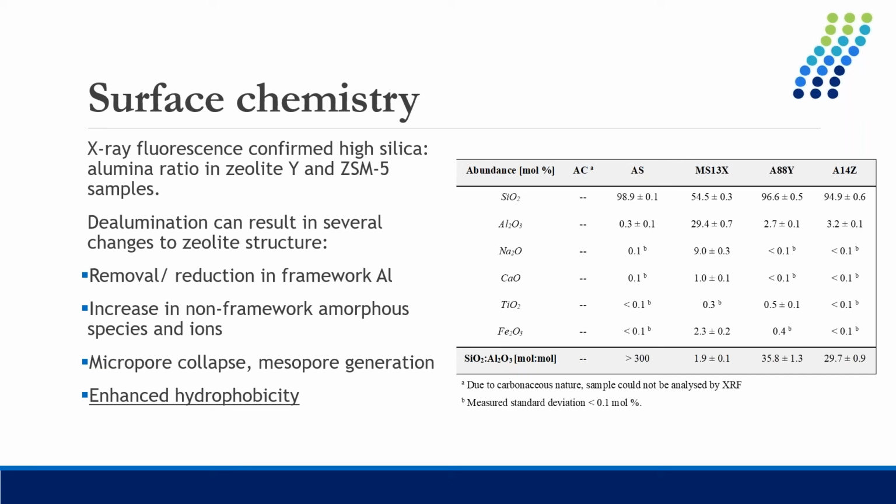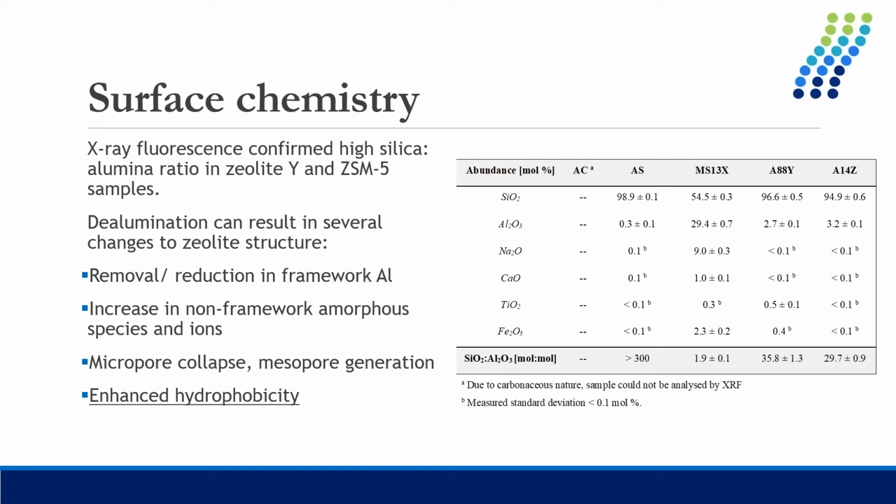And so dealumination is carried out to remove or reduce the amount of aluminum in the zeolite framework, but this can lead to an increase in non-framework amorphous species and also cause the aluminum to migrate and form defect sites. And it can also cause some amount of microporous collapse, which actually can be beneficial in some cases because you're generating mesopores, which often can improve your diffusion processes.